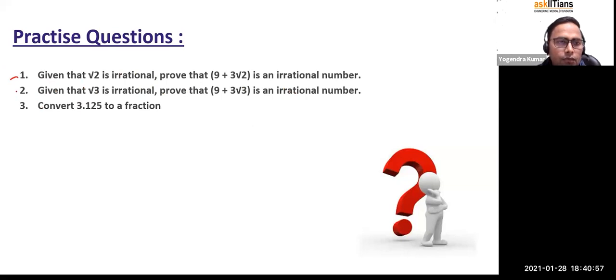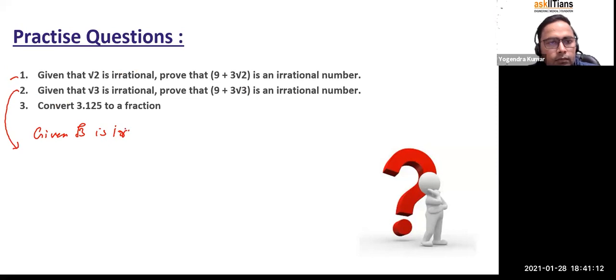First question, we have already done one based on root 2. So let's take root 3. So we will write, given, root 3 is irrational. Given, this root 3 is irrational.